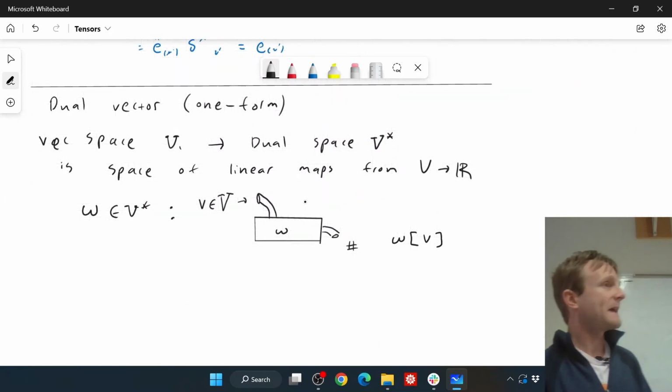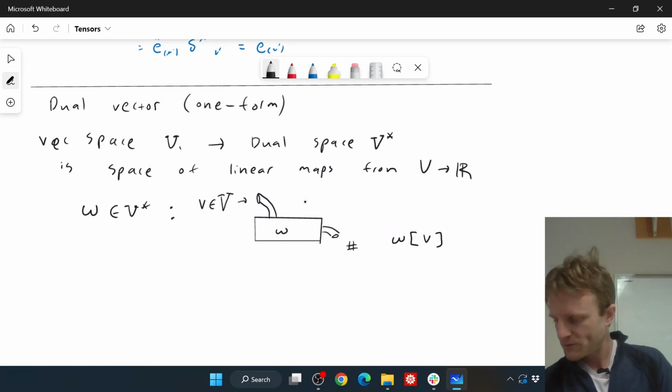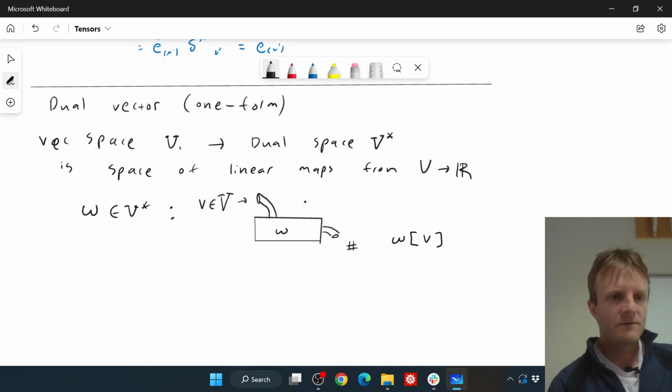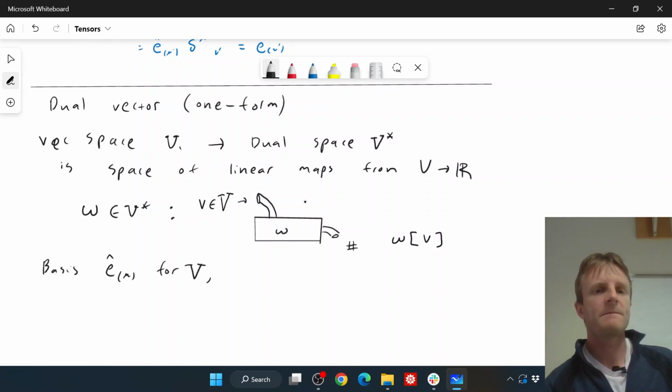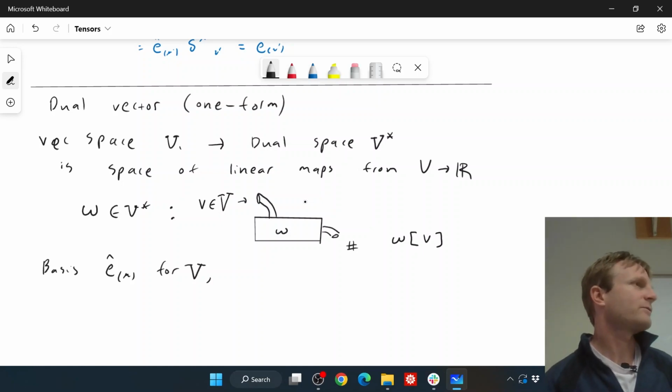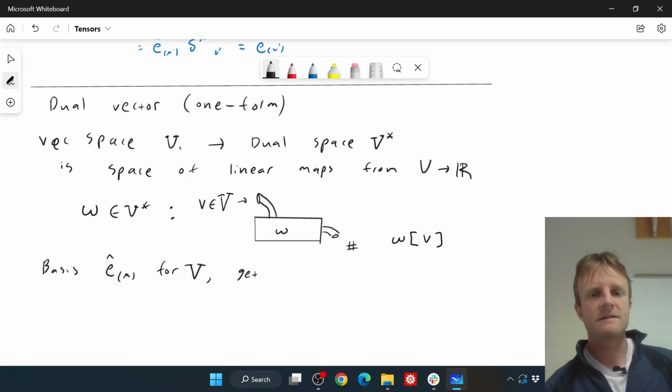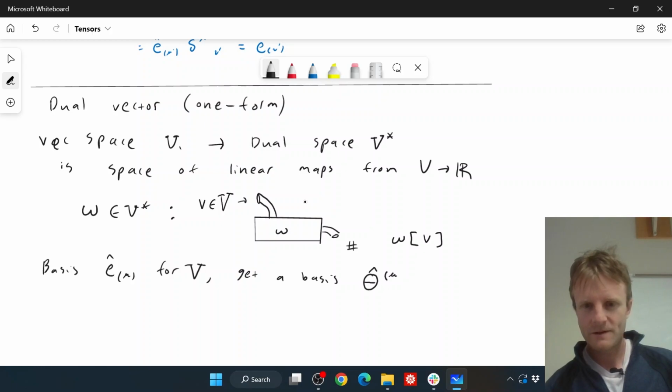All right, so if you have a basis, this is all very abstract, but we'll do examples soon. But if you have a basis, and we do, so if you have a basis E hat mu for V, the vector space, then there's a very natural one. We get a basis theta hat upper mu for V star.